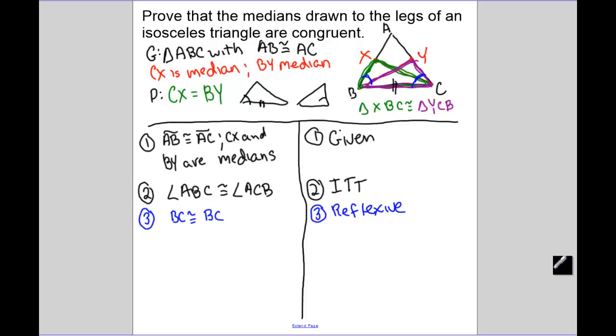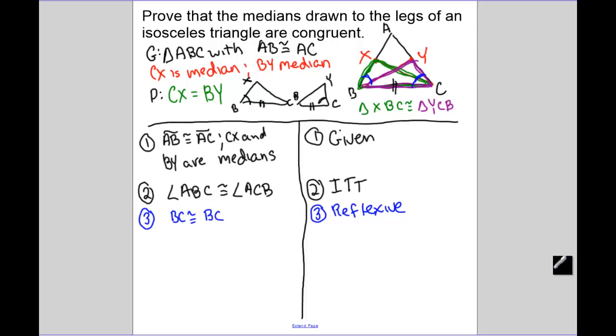I have this angle, this side. Now if I could get another side, if I could get BX equal to CY, that might help me out. Okay, so if I could get BX equal to CY, that's going to help me out.